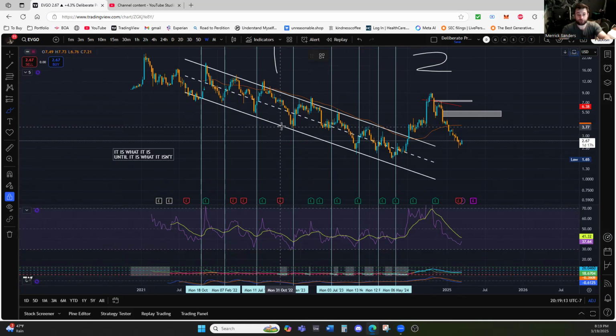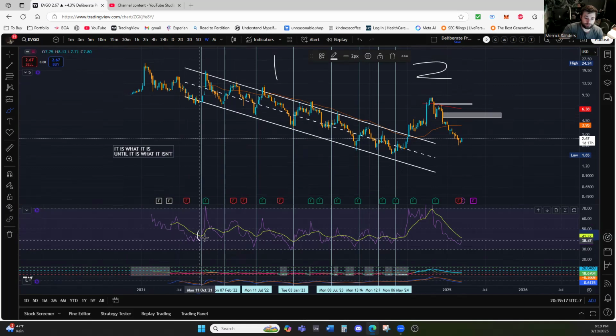In phase one, as I labeled it, you can see these moments of the RSI, the purple line, crossing back over its own 14-day moving average, the yellow line, were confluent almost every single time except for this one. We'll come back to this one, and I'll draw it with a triangle. It's consistently confluent with a touch of the bottom side of the channel.